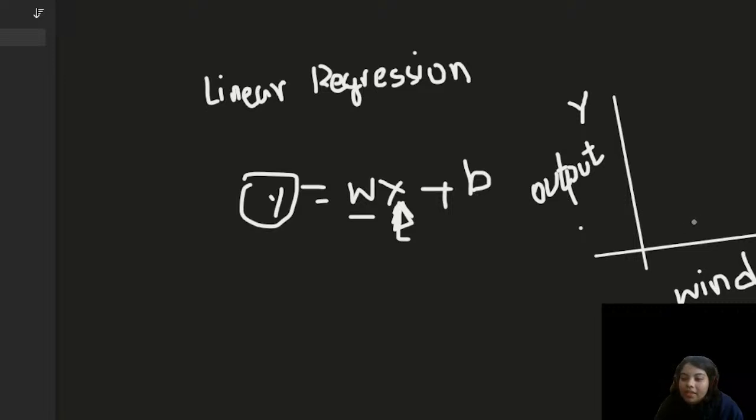So let's say we have scattered data here. Our agenda is to find the best fit line. So let me add numerous dots so that we can assume the best fit line.